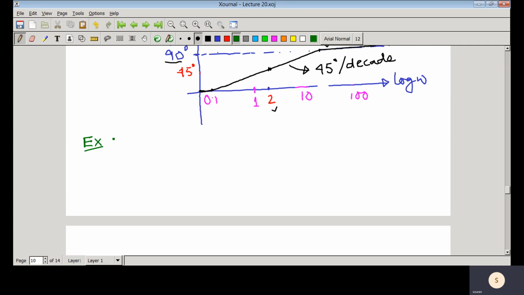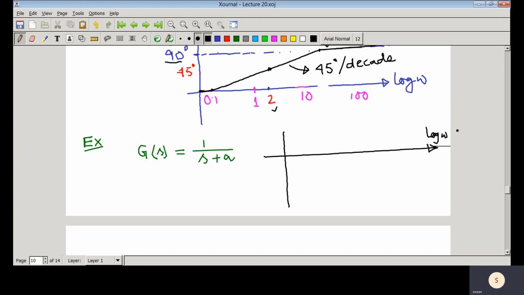Whenever you have 1 by s plus a, suppose G(s) equals 1 by s plus a, we have shown what its Bode plot would be. So the asymptotic Bode plot is here, this is log omega, and this is in dB, so do not forget to mention that axis, and the frequency is 0.1, then 1, 10, 100, like that.